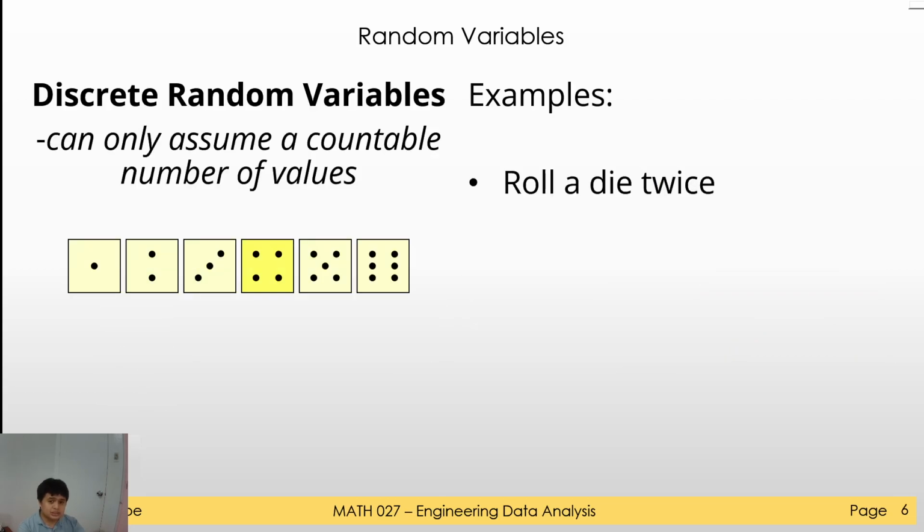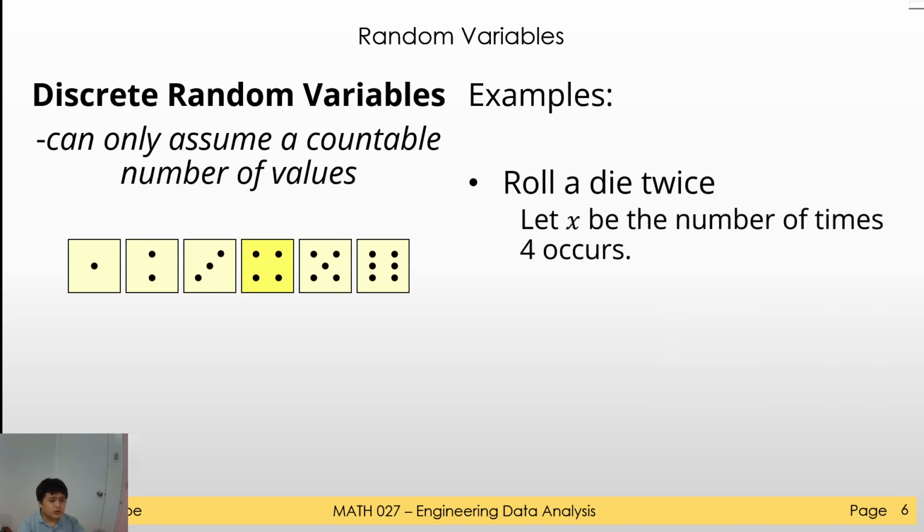so let's talk about the discrete random variables first. So let's say you have a dice, or a die for singular, no? And let's say you want to roll the die twice. Okay, so you have six possible outcomes for rolling a single die, but if you want to do it twice, then we can represent some random variable depending on what we want to represent.